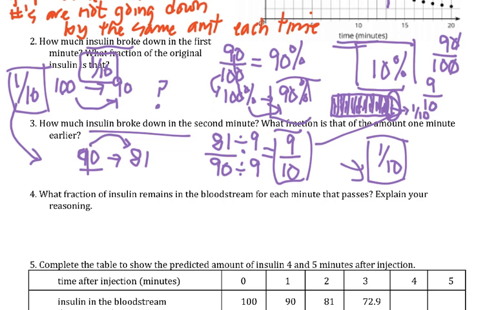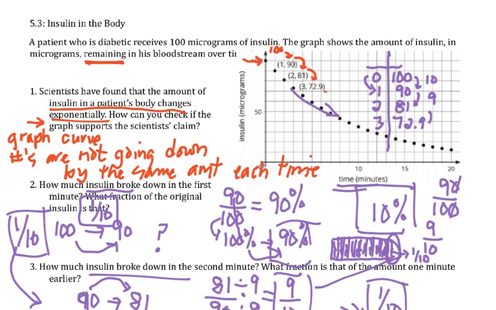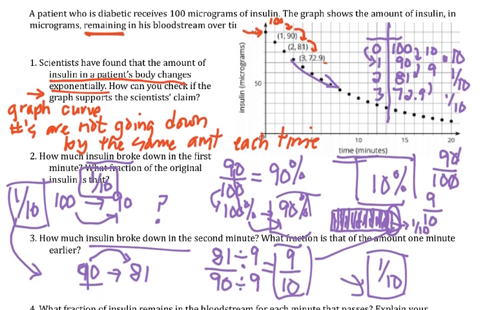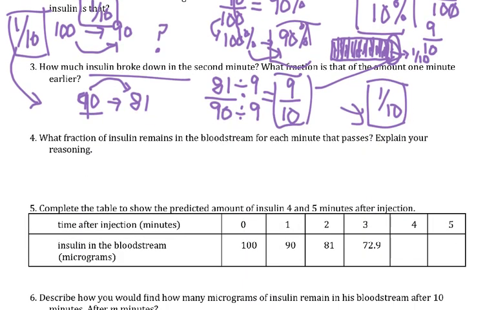So basically, if I go up here, this means every time it's always 1/10. Always 1/10. This means it's exponential. It's one additional way. So if 1/10 is broken down every minute, what fraction remains?